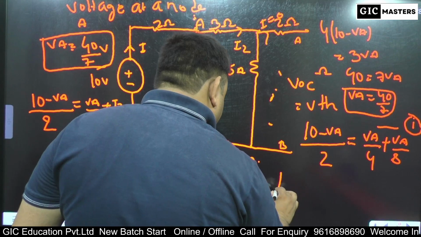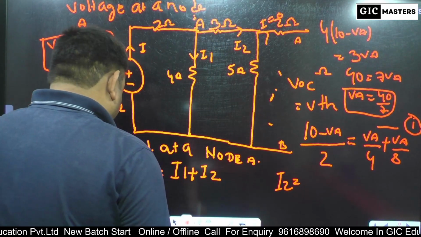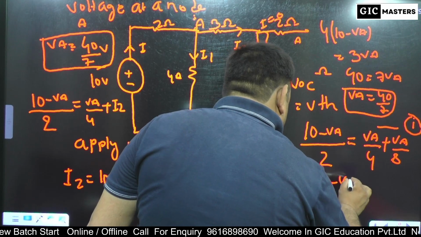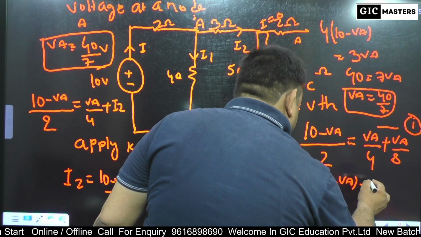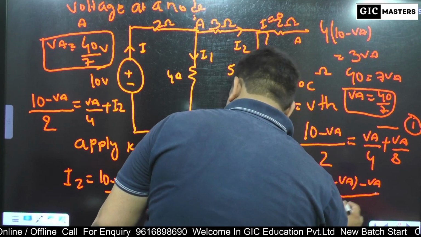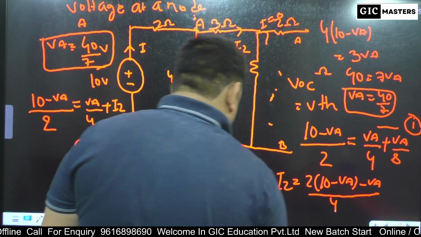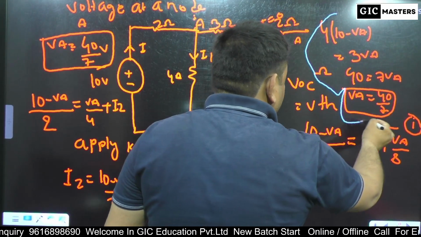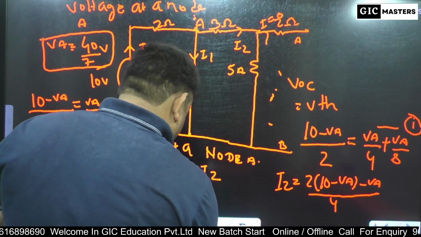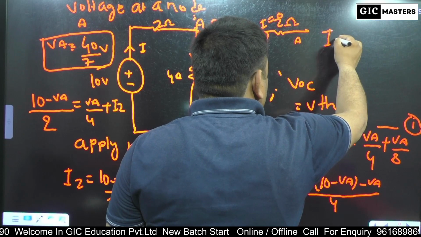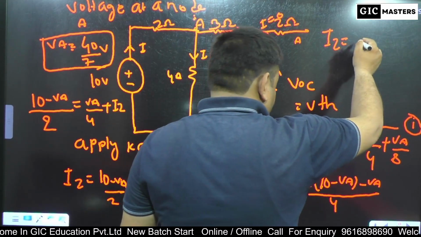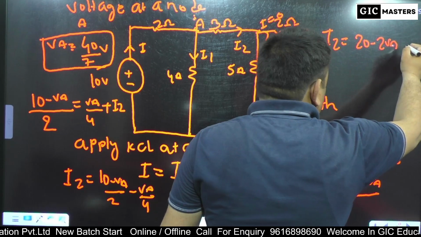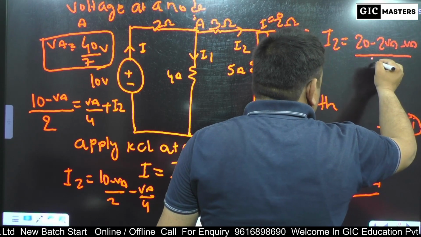So I2 equals (2(10 minus VA) minus VA) divided by 4.